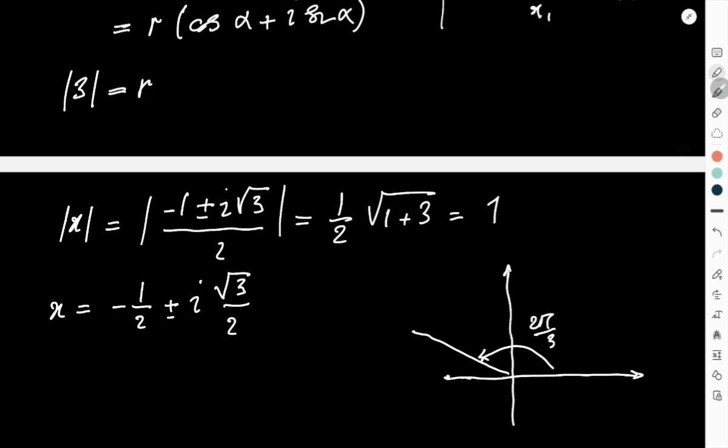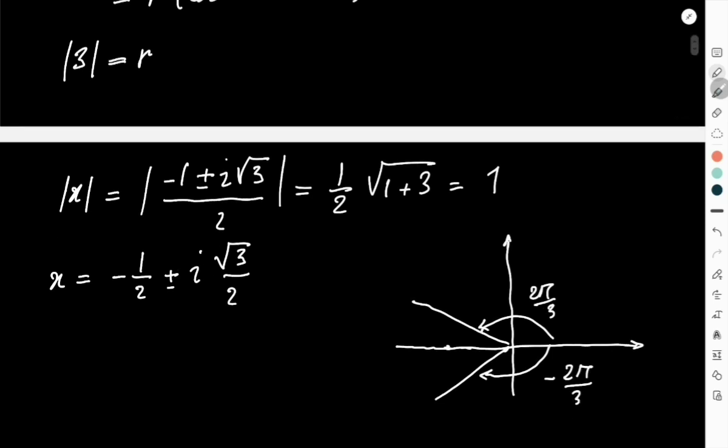And also, because we have two roots for our equation, another possibility is this angle, minus 2π over 3, which gives the same negative cosine and gives a minus sign for the sine. So I can say one alpha is 2π over 3, and the other alpha is minus 2π over 3.